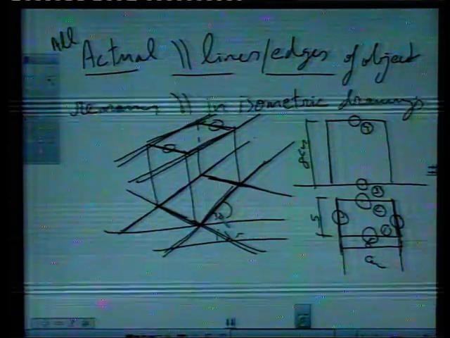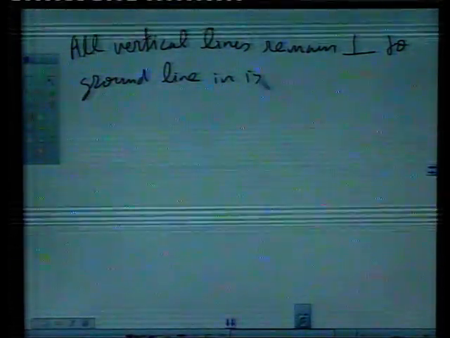Next point is, all vertical lines remain vertical to ground line in isometrics.